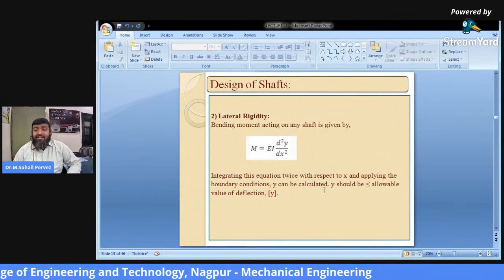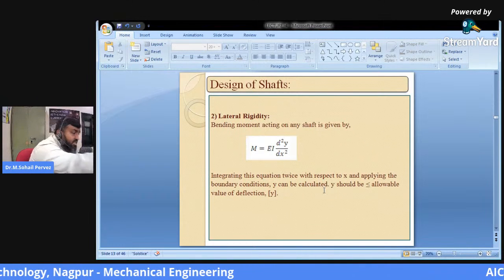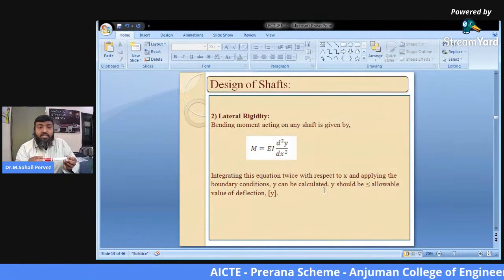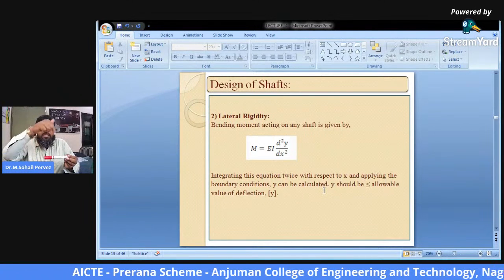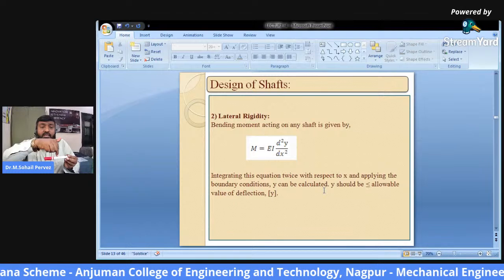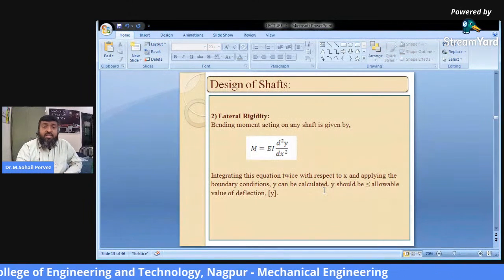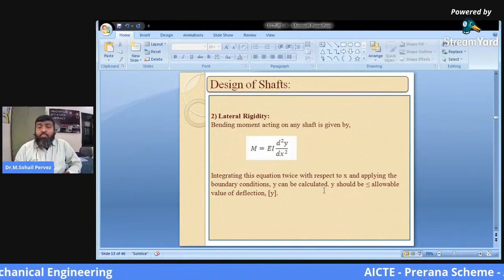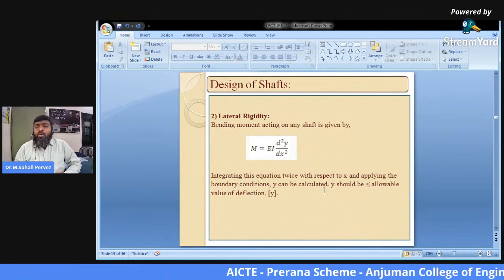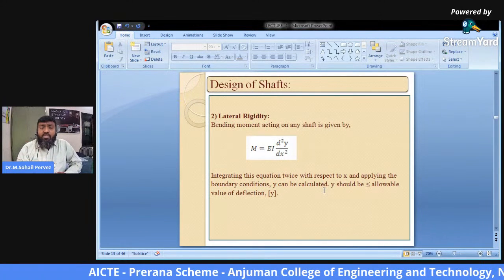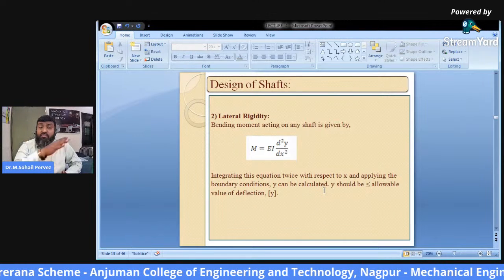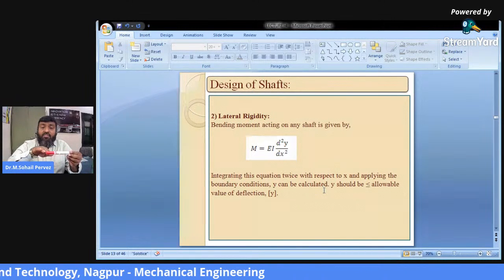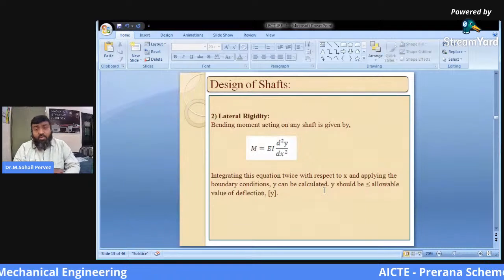The next is lateral rigidity. When we say lateral rigidity, it means that the shaft will be supported on the bearings. And if some load is applied over this, because always there will be mountings, there will be flywheel, there can be clutches, pulleys, belt drives, any mounting can be there on the shaft, which may try to deflect the shaft, so the shaft may bend, and we don't want it to bend.